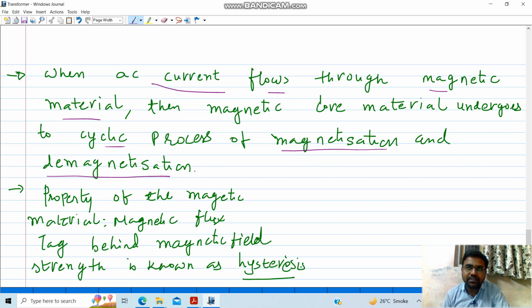Magnetization is the process by which magnetic flux starts setting up in the core, and demagnetization is the reverse process where magnetic flux starts to reduce. The property of magnetic material is that while you energize it, the magnetic flux lags behind the magnetic field strength. In short, the flux phi lags behind H. This is known as hysteresis.